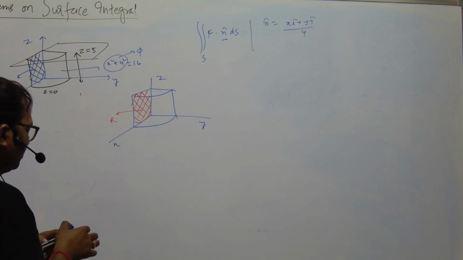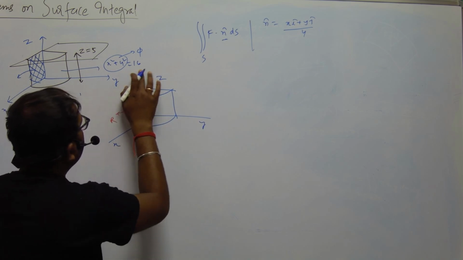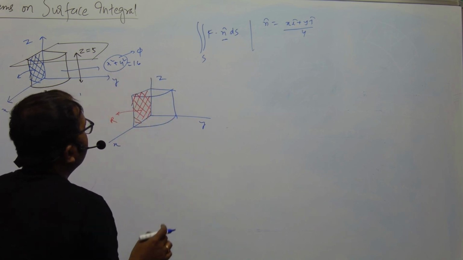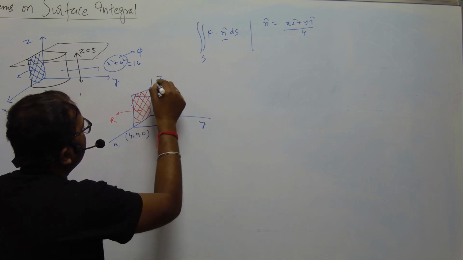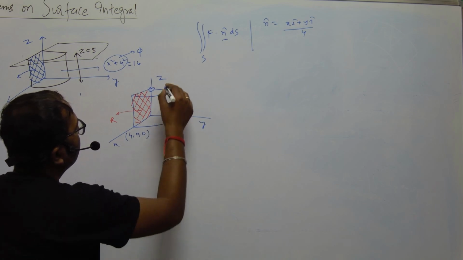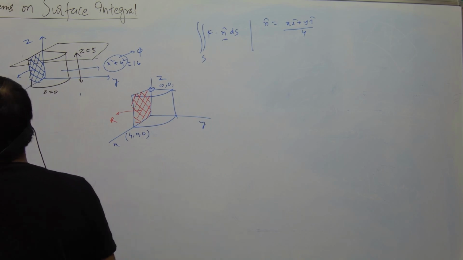Let us find the limits on the values of x and z. We have the equation x square plus y square is equal to 16. So we have the point 4, 0, 0 where z is equal to 0, and the point 0, 0, z, where z varies from 0 to 5.